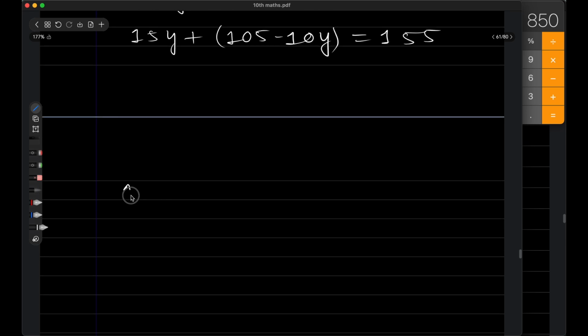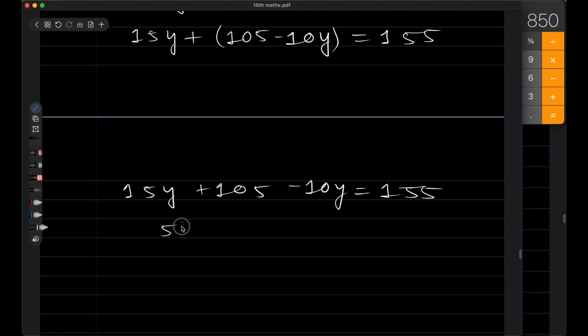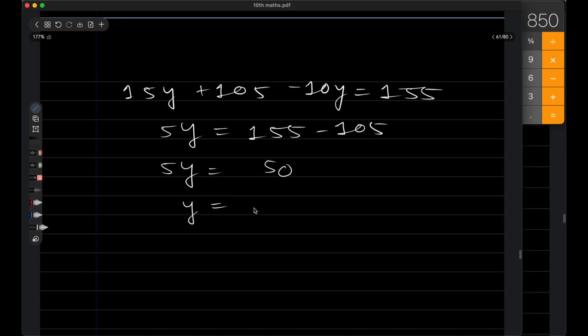That is 15y plus 105 minus 10y equals 155. We got the cost per kilometer, that is y, equals 10 rupees.